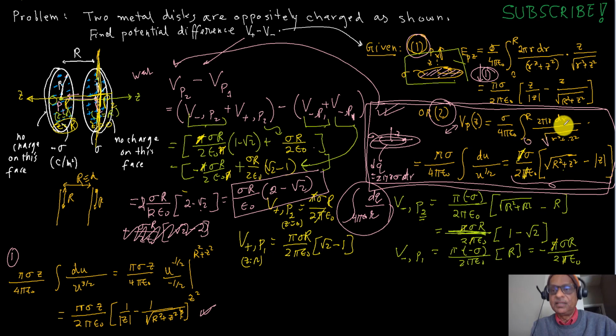So that's the integration. R is the direct distance from the ring to that point, this distance is z, and this distance is little r, and that's how this integration comes in.